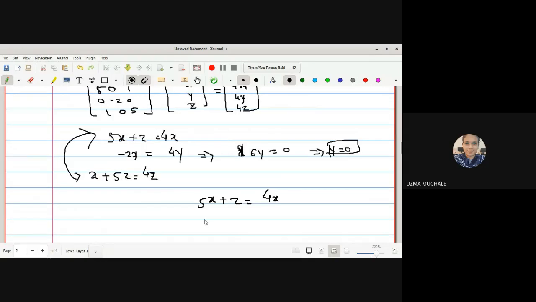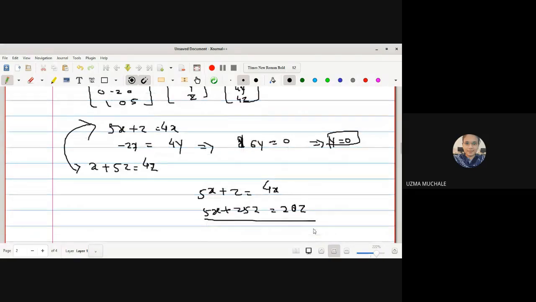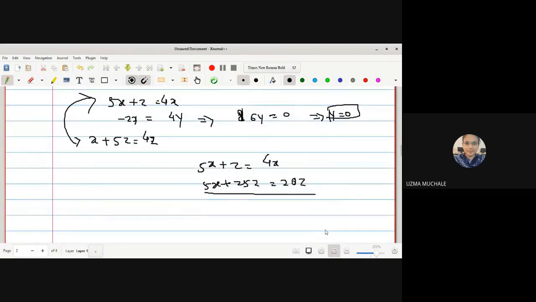I will multiply by 5 for this and we will get 5x plus 25z is equal to 20z. Sorry, what will be this term? Right, 4x.